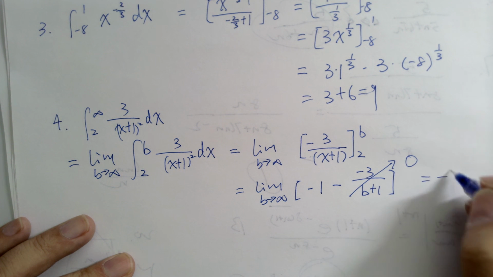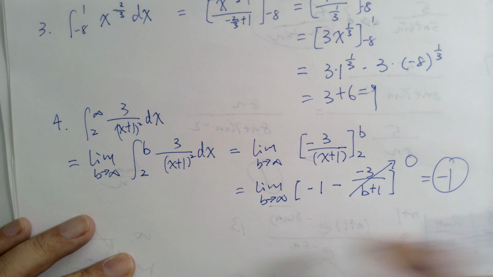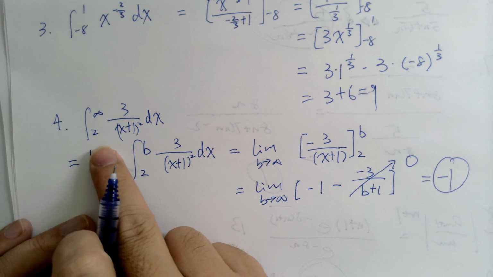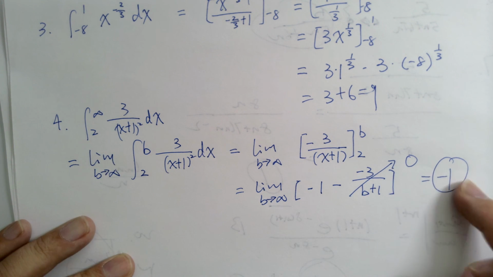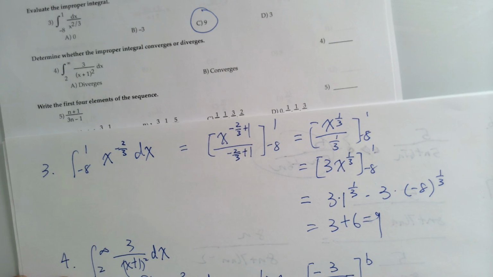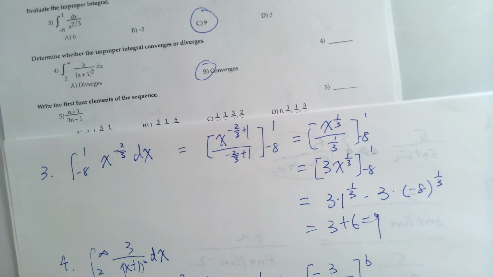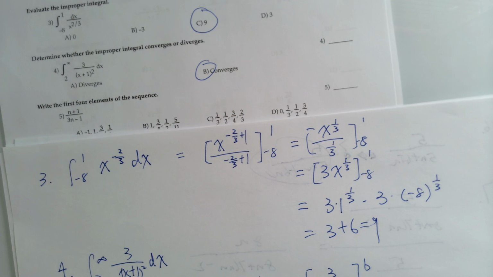So this improper integral actually converges to negative 1. Okay, so this converges. So that's about the first four problems for the improper integral part. Okay, so hope you enjoy this.